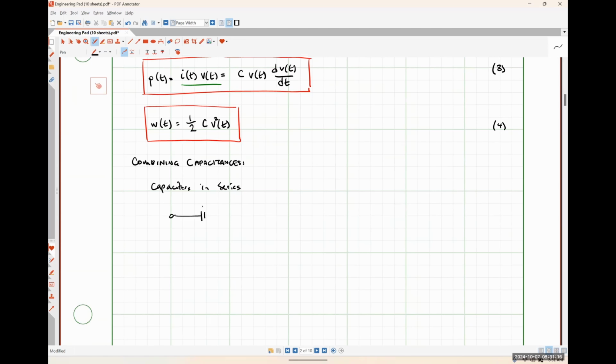So here I have some capacitor C1, some capacitor C2, all the way out to some capacitor C sub n, like so.